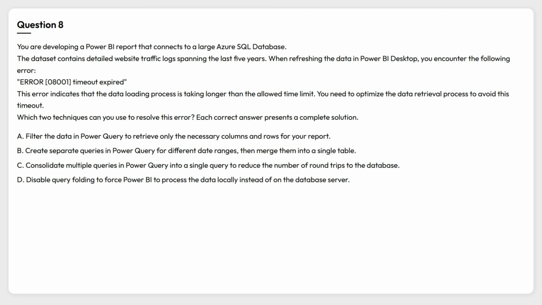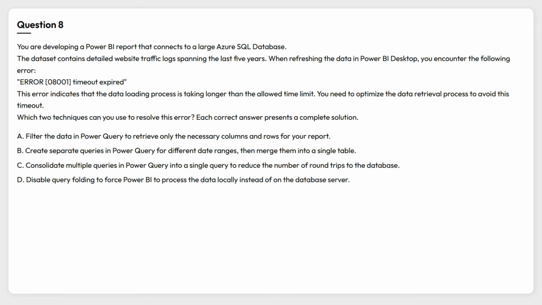Option A. Filter the data in Power Query to retrieve only the necessary columns and rows for your report. Option B. Create separate queries in Power Query for different date ranges. Then merge them into a single table.